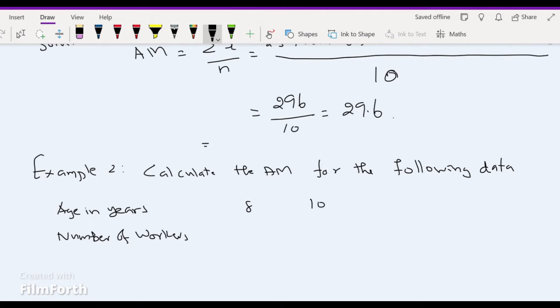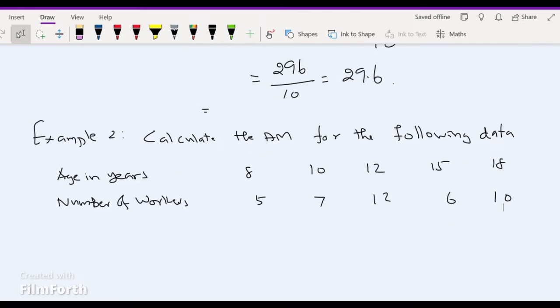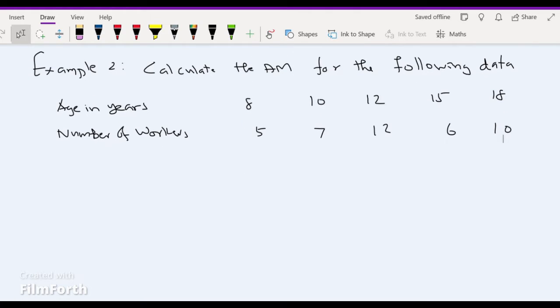Eight, 10, 12, 15 and 18. 5, 7, 12, 6, 10. But in the last problem, only observations were given. In this problem, observations and the corresponding frequencies are given.